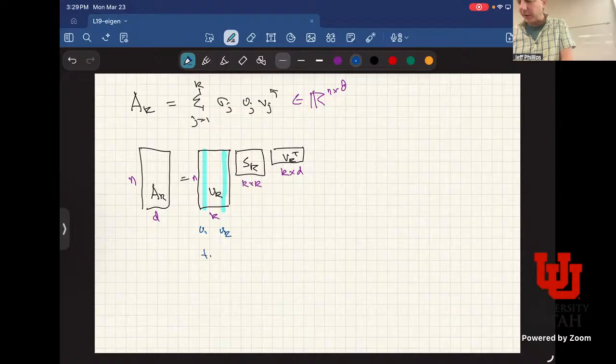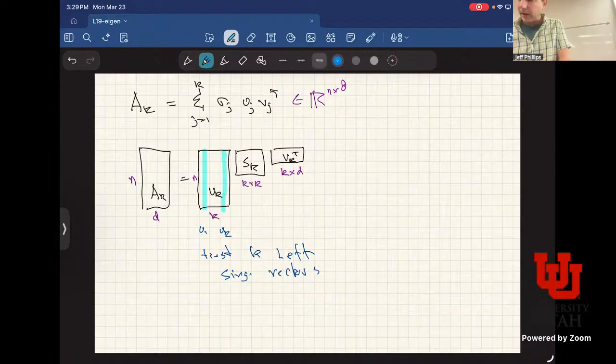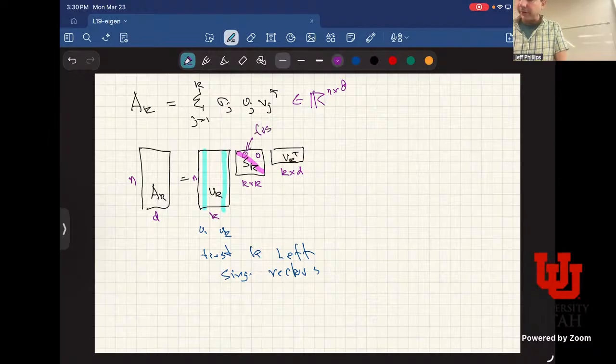These are the first k left singular vectors. The diagonals here are going to be interesting. The off-diagonals are going to be 0. And this is going to be the first k singular values.